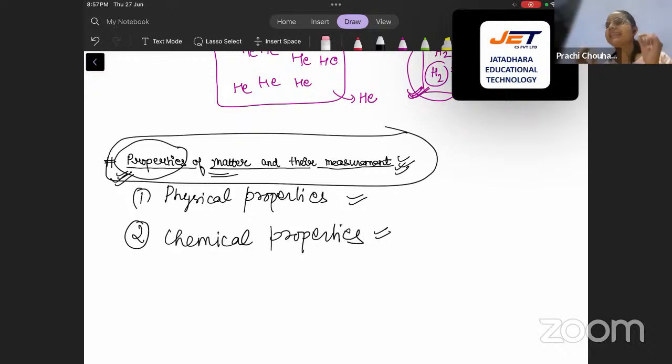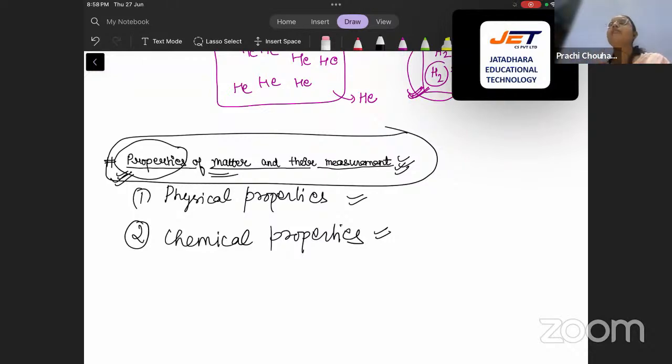So in this particular session, we have just gone through the basic things which you already knew: what matter is and how we classify matter. It was just a quick revision of things that you might have learned in 9th and 10th standard. From the next session, you will be learning new things, which include the properties.